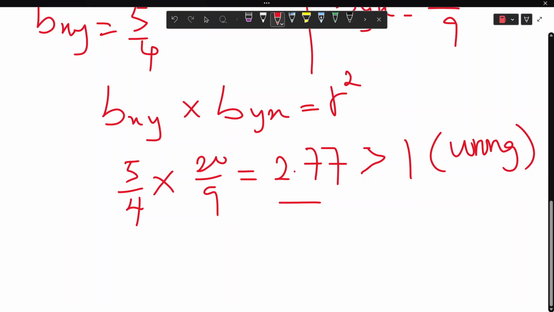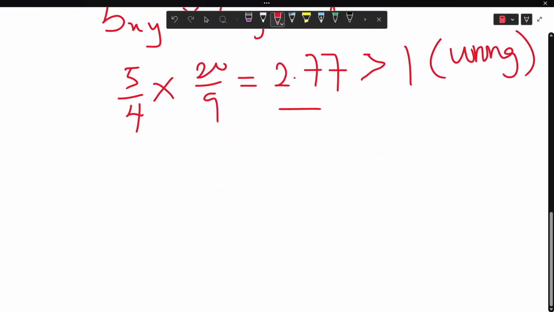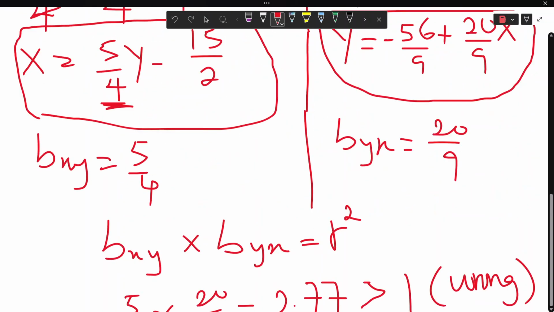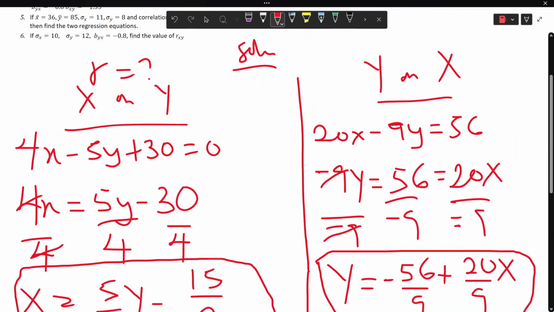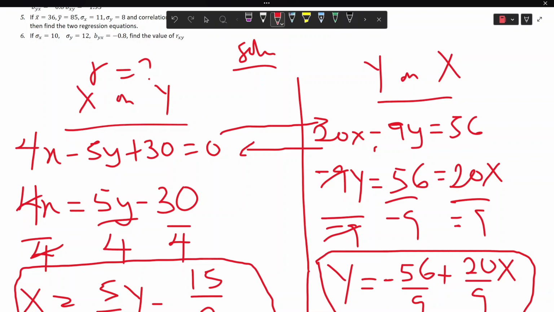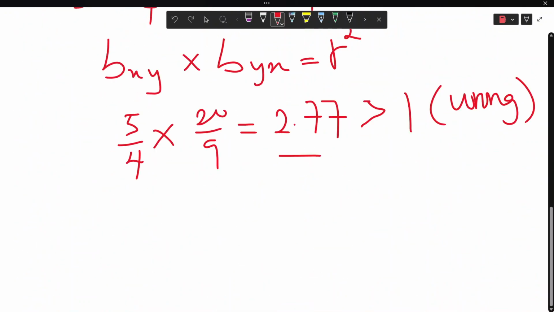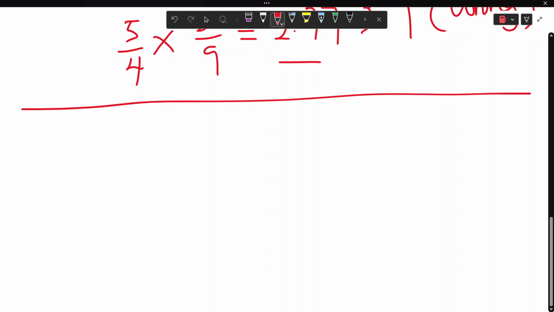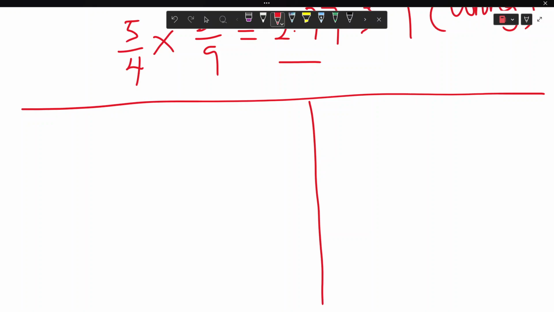We would have to interchange the equations again by swapping this into this and also swapping this into this. Because our assumption is wrong, we need to redo it again. So x on y, and here is y on x.